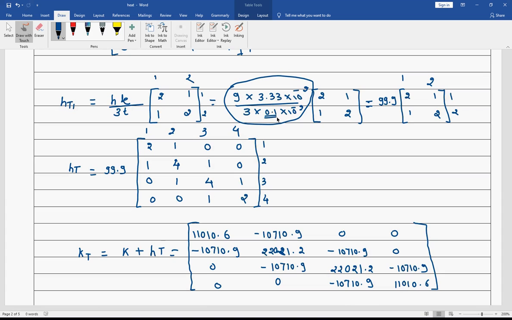So T is actually 0.1. If you are talking about this HT, it is a symbol. So this is the representation. It is not H into T multiplication. If that is the confusion, I believe this is T.